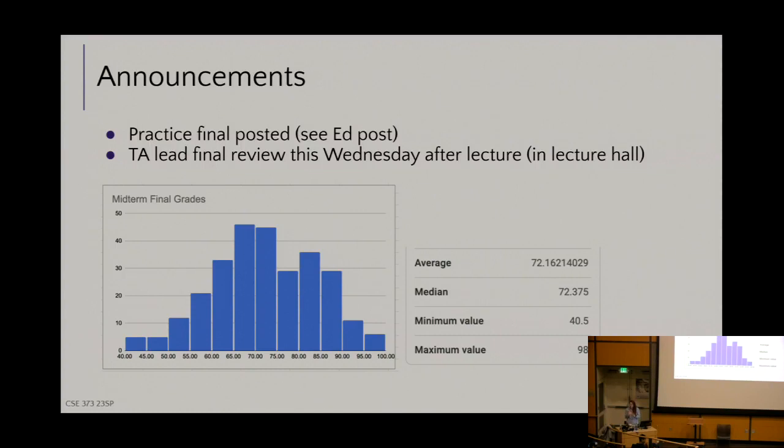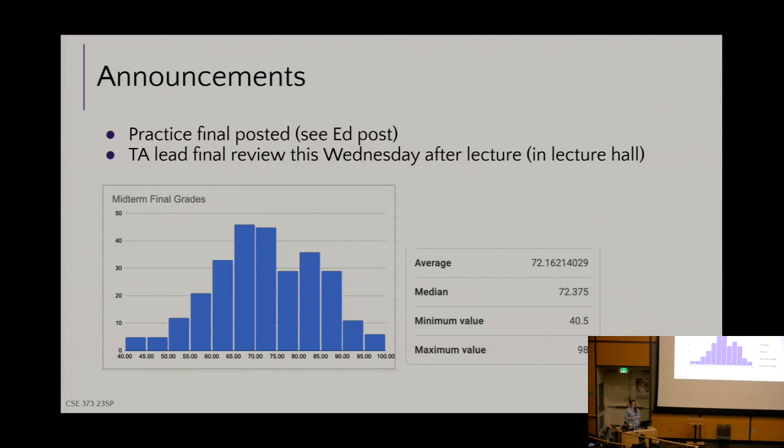So if for some reason that migration didn't work properly and you get a grade in Canvas that does not properly reflect what you think it should be, please send the CSE 373 instructor's alias an email ASAP, because that's the number I'm going to use to calculate your GPA. So do make sure that the grades in Canvas are the ones that you expect them to be.